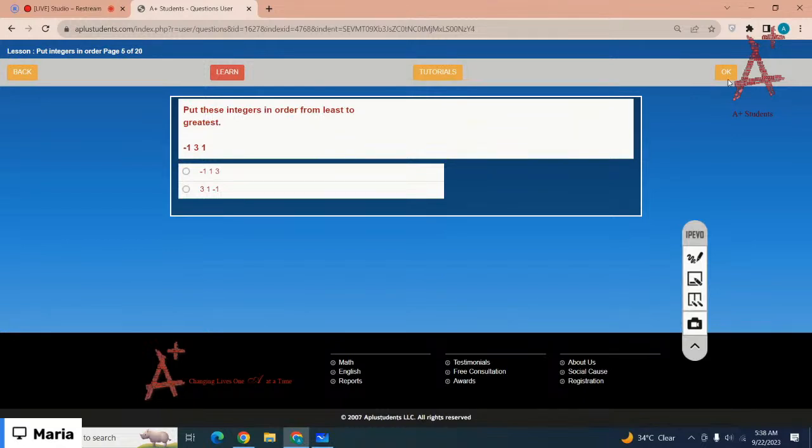The correct option is least to greatest. You have to arrange, right? So it would be -1, 1 and 3. The option number 1 is the correct option.